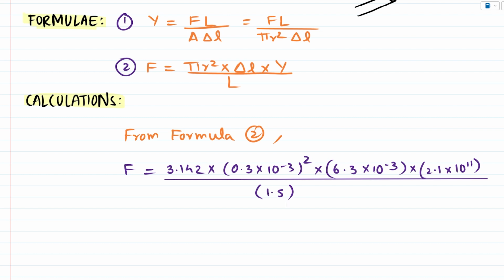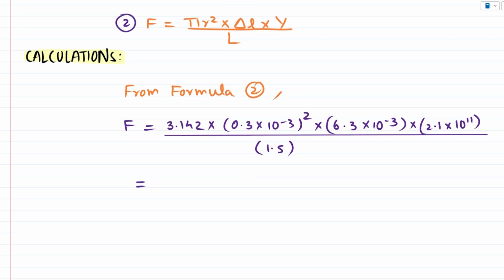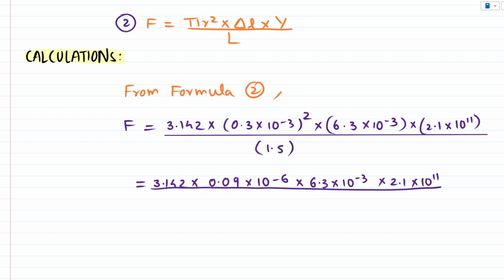So first thing first, let's try to open all the brackets. So 3.142 into 0.3 into 10 raised to minus 3 whole square would be 0.09 into 10 raised to minus 6, into 6.3 into 10 raised to minus 3, into 2.1 into 10 raised to 11, the whole divided by 1.5.